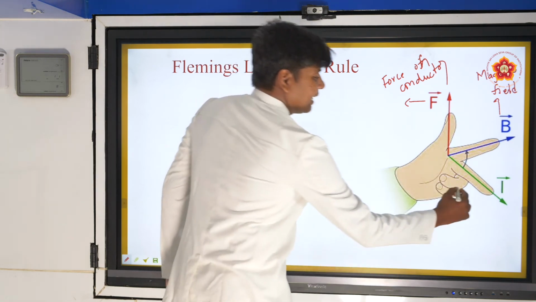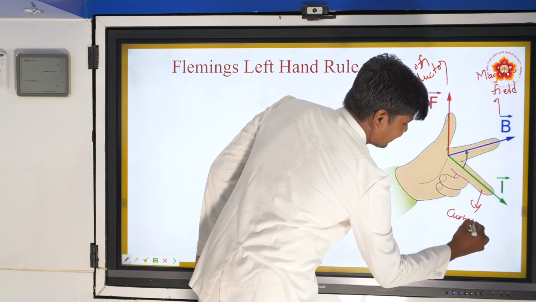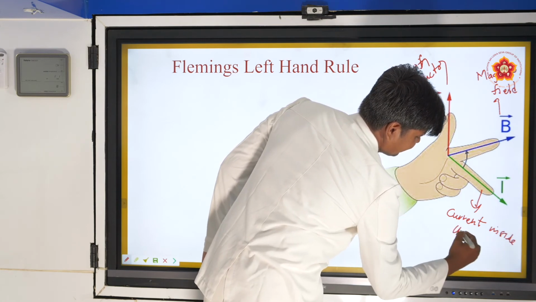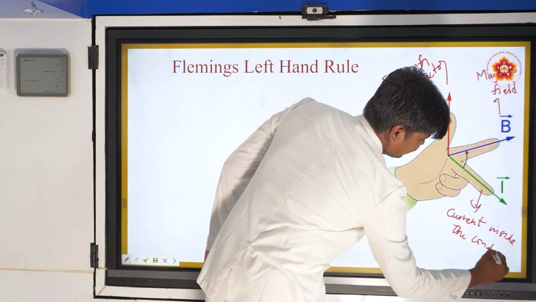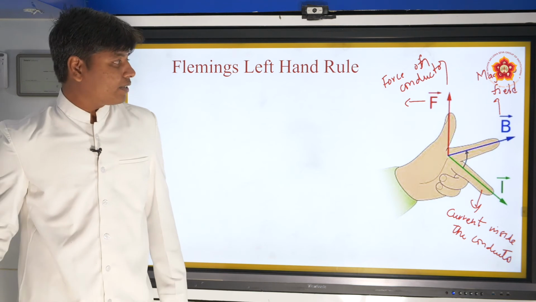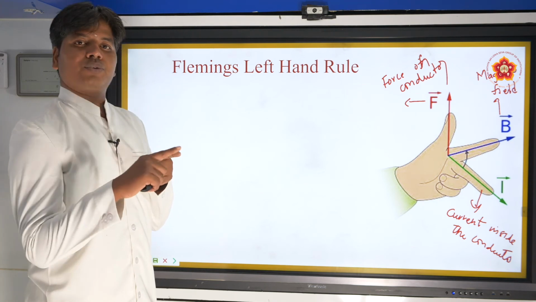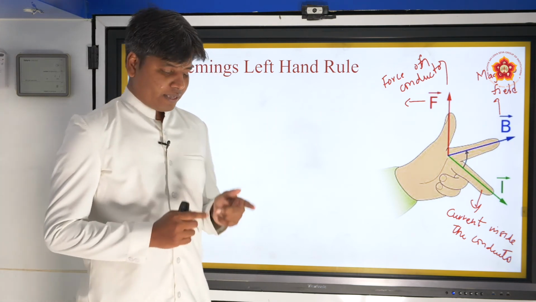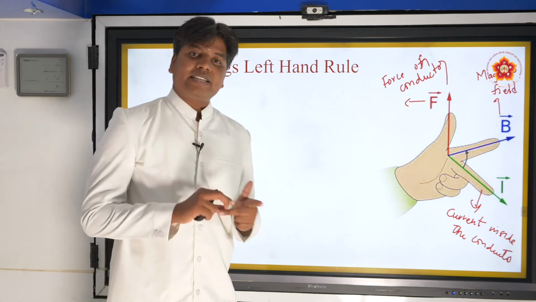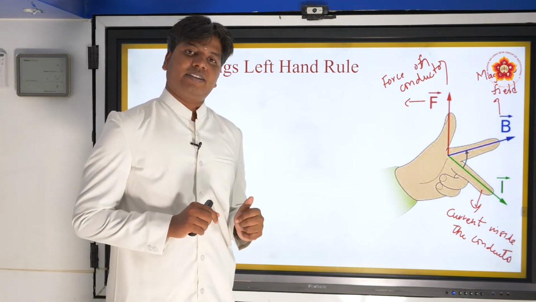This is the direction of current inside the conductor. Anyway, the statement is given, but for your thinking I have just written it. So what he tells is, if the forefinger shows the direction of magnetic field and the second finger shows the current direction inside the conductor, then the thumb will reveal the force on the conductor.